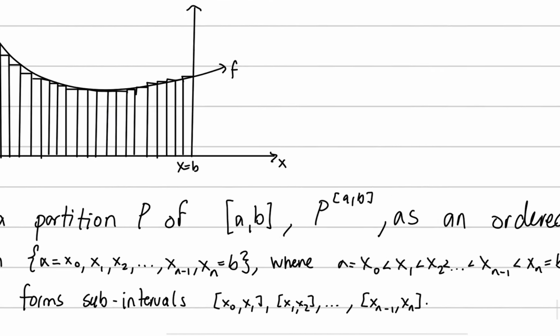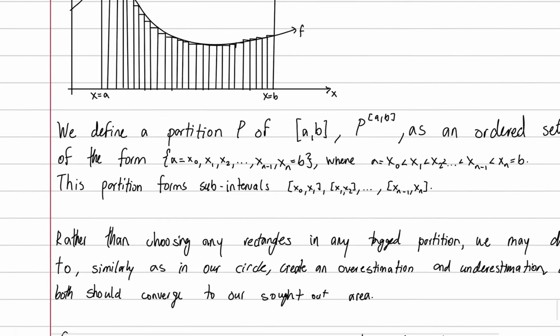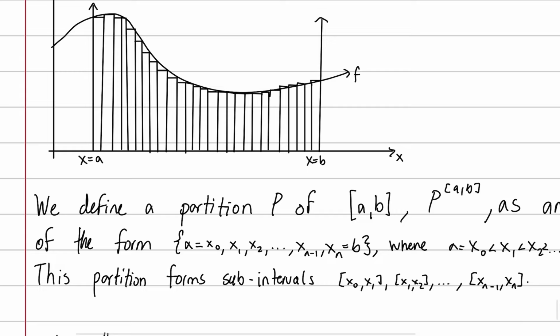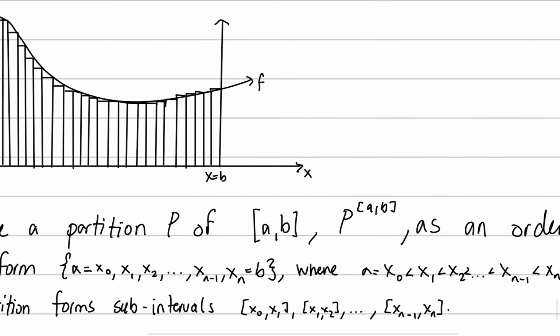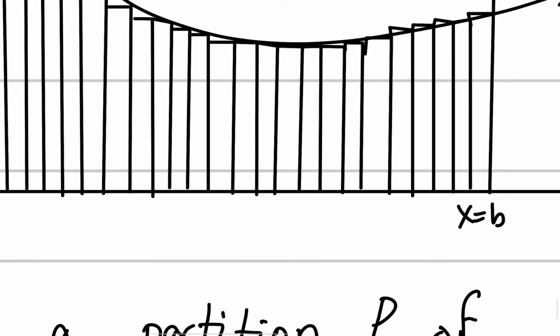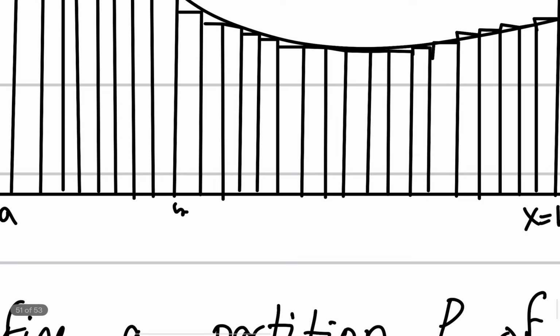Specifically, any x_i is less than x_{i+1}. So this partition forms subintervals. If you look at this graph, each rectangle corresponds on the x-axis to some subinterval. This is a subinterval right here, x_i and x_{i+1}.